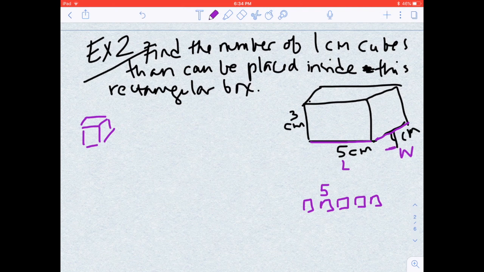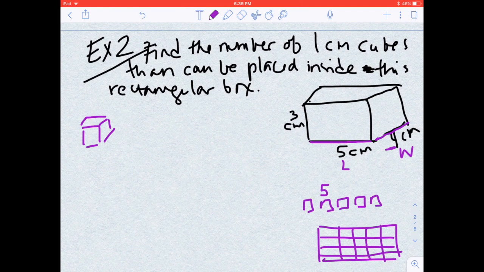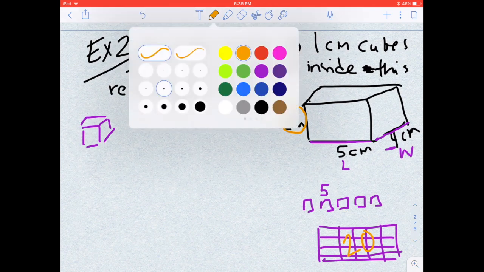So really my bottom row, if I were to cut open this super cool box, would look like that. So I could say the bottom is 5 times 4, which would give me 20 cubes.